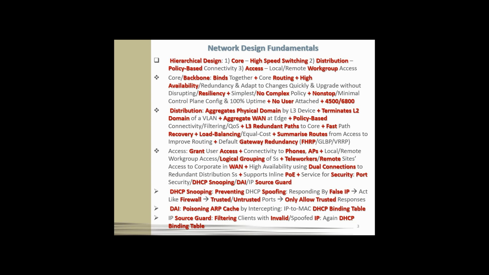In this way, DHCP spoofing cannot occur. So when sitting in between, that means that DHCP snooping needs two types of ports. In DHCP snooping, we can have trusted ports and we can have untrusted ports.